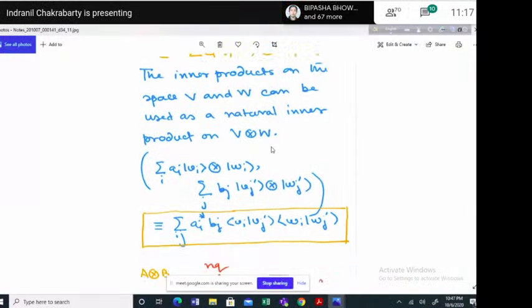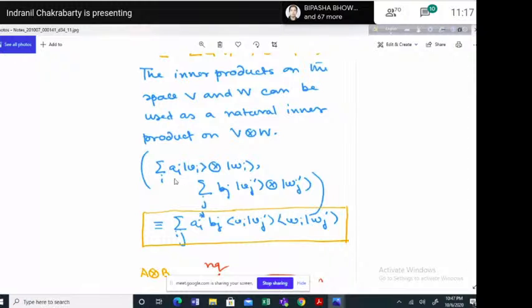For example, take a general vector, a linear combination summation ai vi cross wi. Another vector you take from V cross W is a linear combination of tensor products vj prime cross wj prime, and ai and bj are complex coefficients. It is like a1 v1 cross w1 plus a2 v2 cross w2 plus a3 v3 cross w3, and similarly here b1 v1 prime cross w1 prime plus b2 v2 prime cross w2 prime.